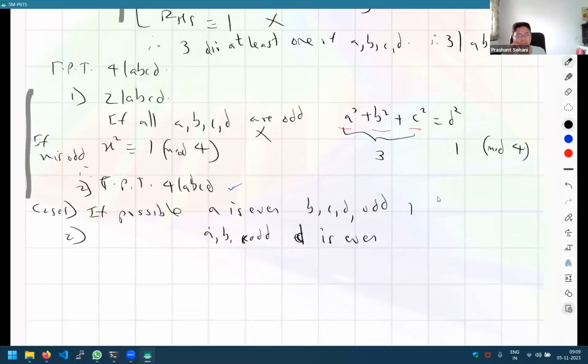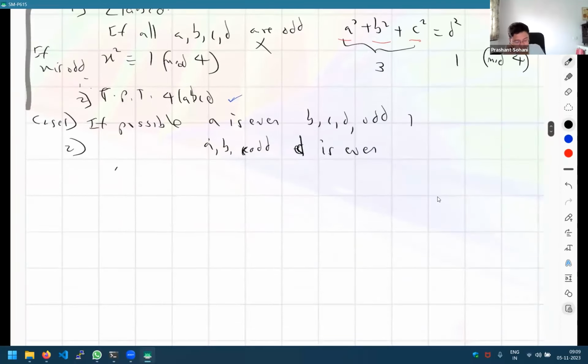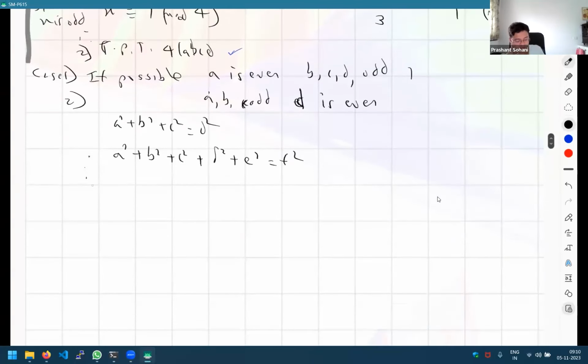But as usual, having solved this question, is it giving you ideas for other questions? In fact, we have already seen two questions of a similar type, right? Here we are talking about a square plus b square plus c square is equal to d square. And previously in Mo, I think the question we had done was this. So now the natural progression is, can we generalize this to n terms? So can you try to answer the question: let n be a natural number.